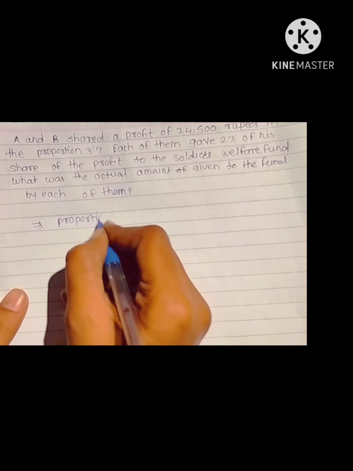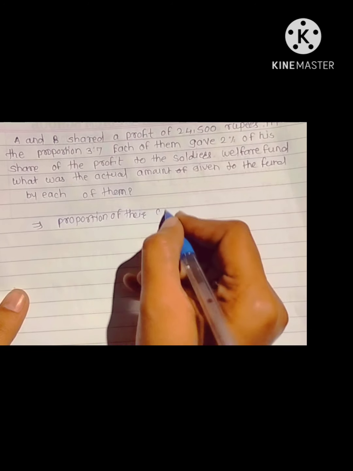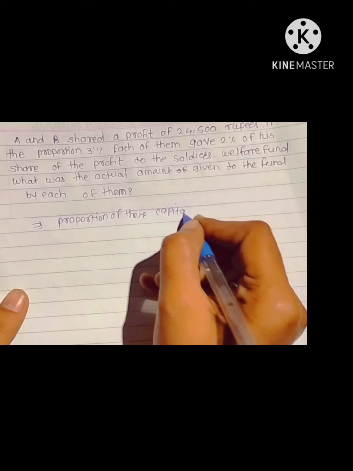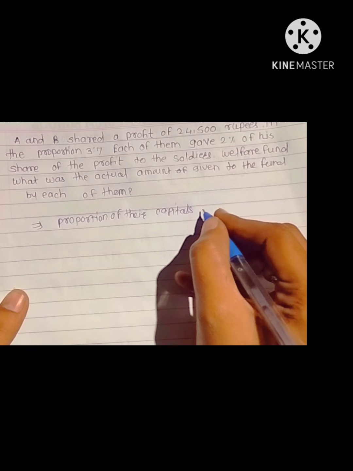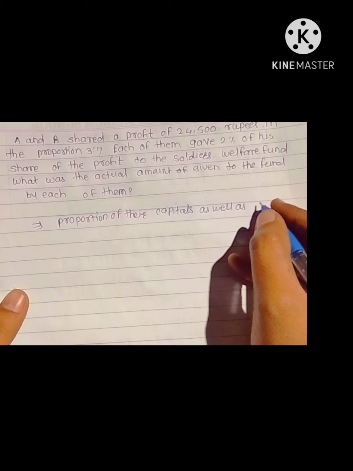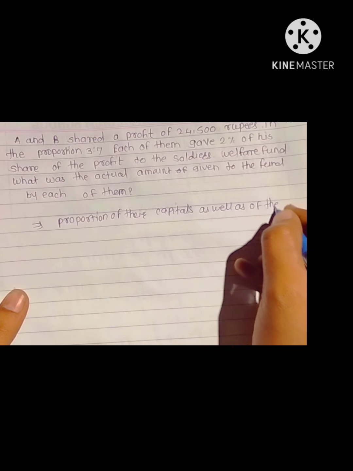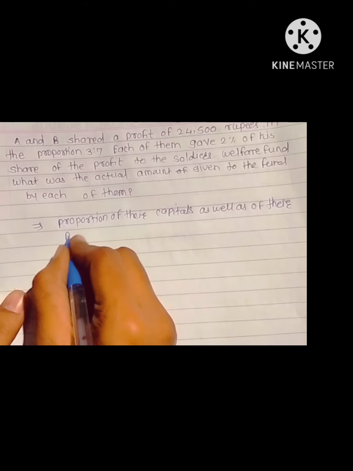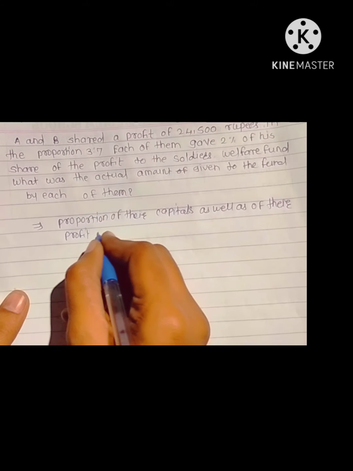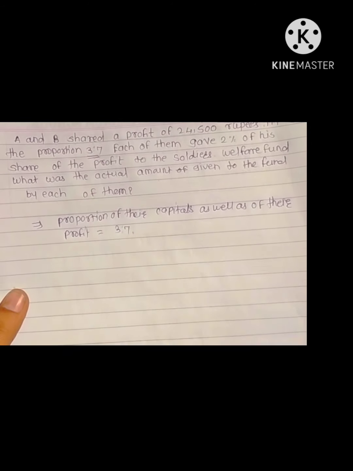So here the proportion of their capitals as well as of their profit is given as 3:7.